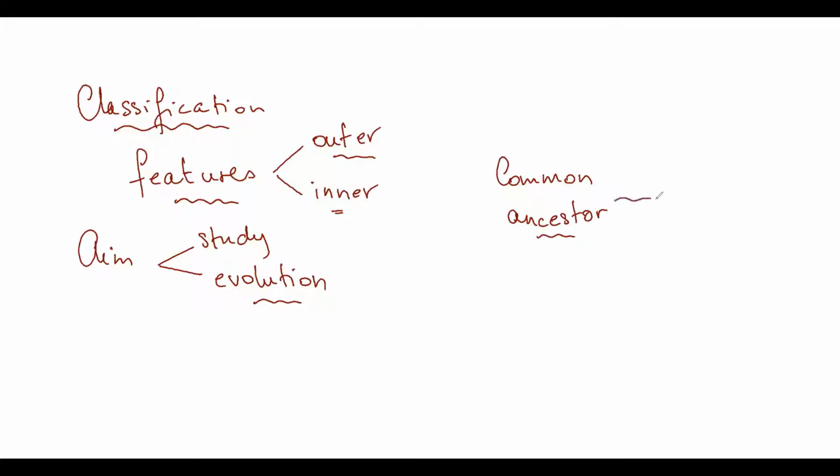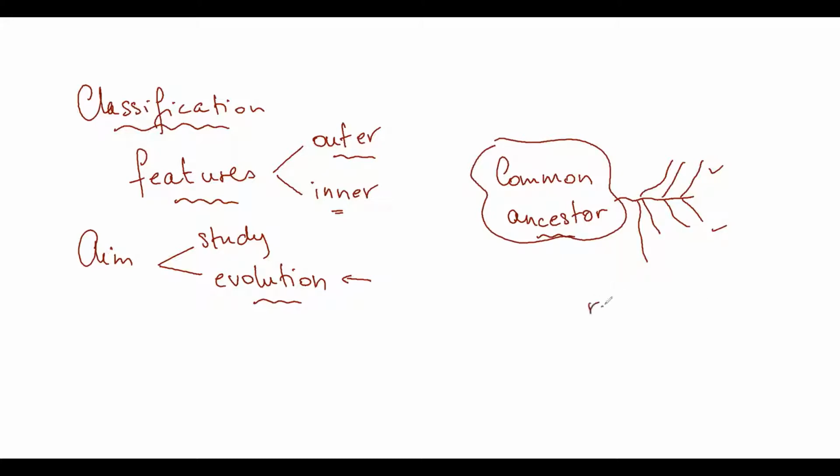And coming out of this common ancestor, many organisms can be formed later on by evolution. But whenever we can find the evolutionary relationship, we can know if these organisms have a common ancestor or not. There is another kind of ancestor which is called the recent ancestor. Recent ancestor is not as old as the common ancestor. Maybe it's here, for example.